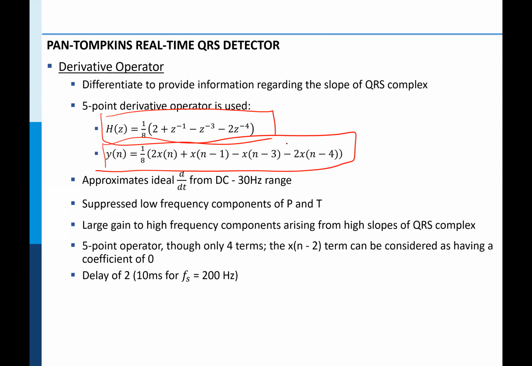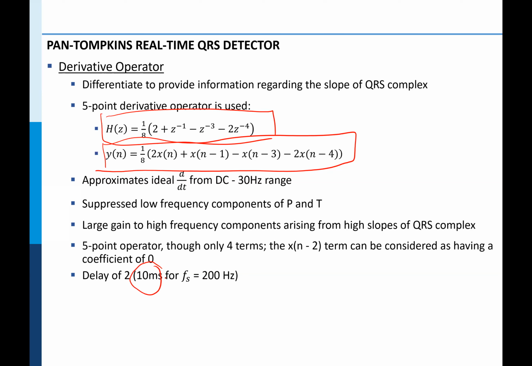Okay. So the derivative filter is a kind of a difference operation. And in this case, it introduces a delay of around 10 milliseconds or 2 samples, which is quite insignificant considering the sampling frequency here is 200 hertz.